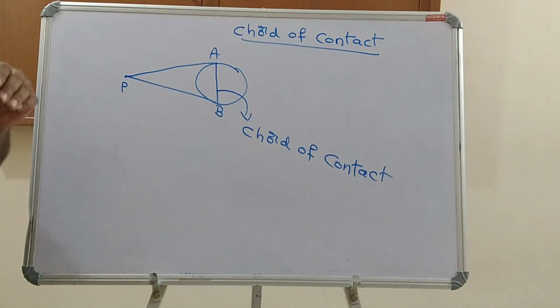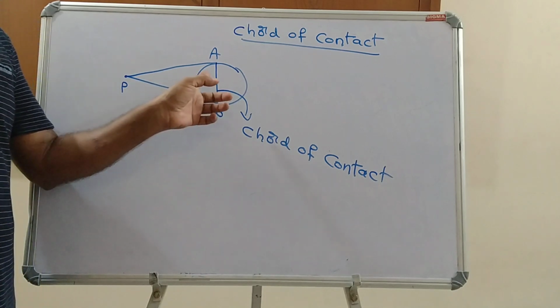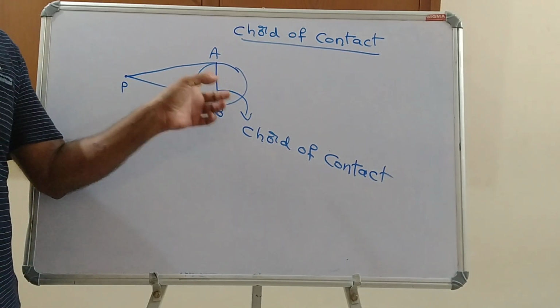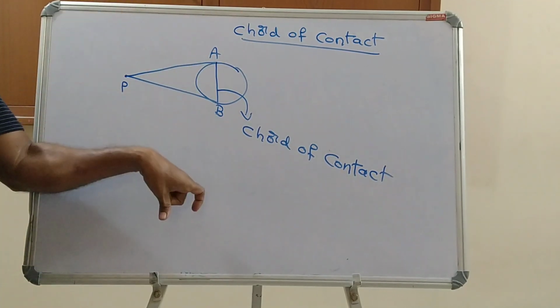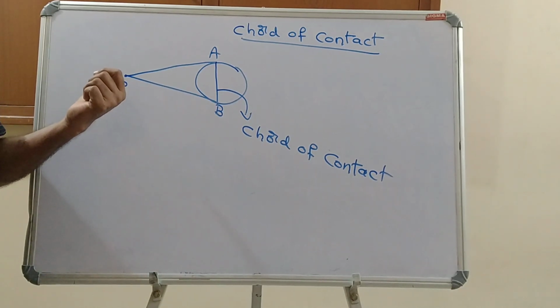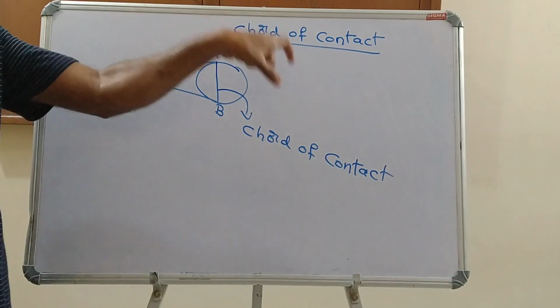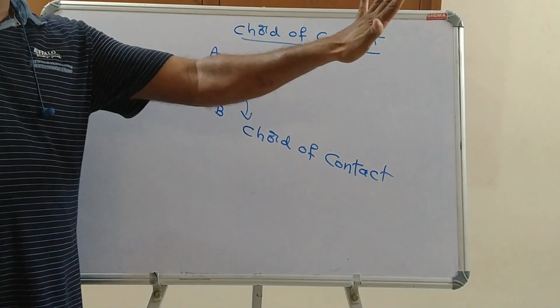Now, we have to find the equation of the chord of contact of the tangents drawn from (x1, y1) to the circle S equal to 0.